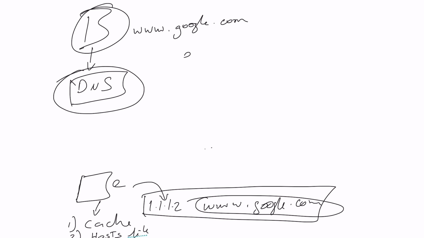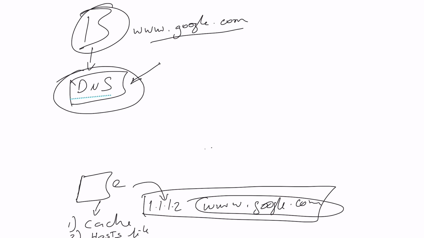You saw that my system was pointing to a local 192.168 DNS server. That may or may not necessarily have the address of google.com. If it doesn't, it will actually go and find out the address of google.com.